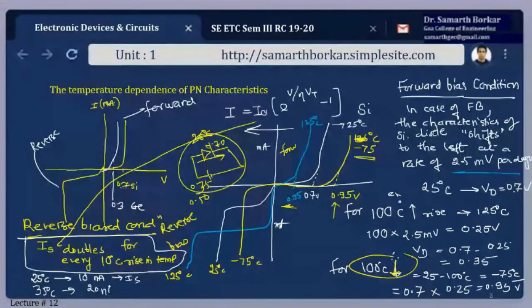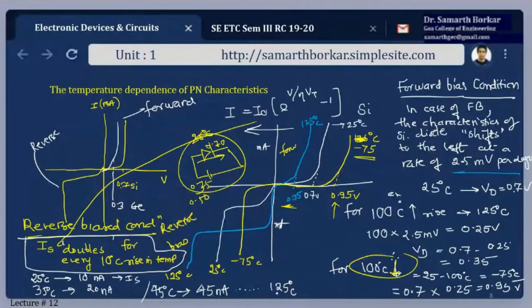If I increase the temperature to say 45 degrees Celsius, then at 35 we had 20, with an additional 10 degree rise at 45 it will double. So it will double for every 10 degrees Celsius, so it will be 40 nanoamperes. And if I follow this pattern, then at 55 it will be 80, and so on.